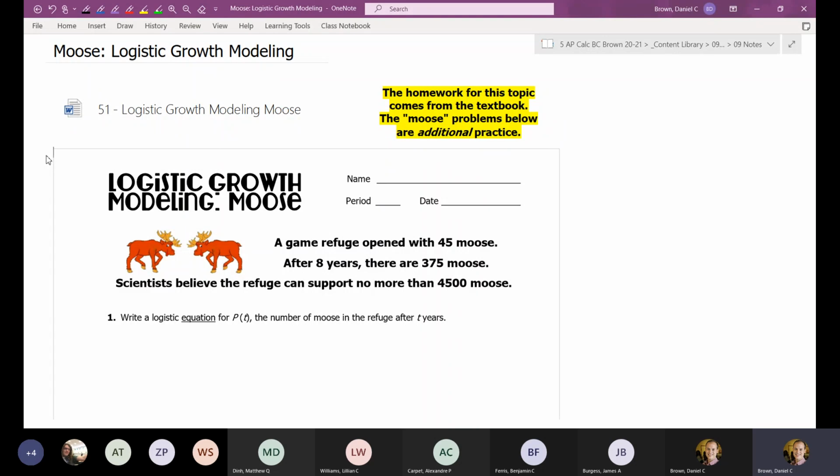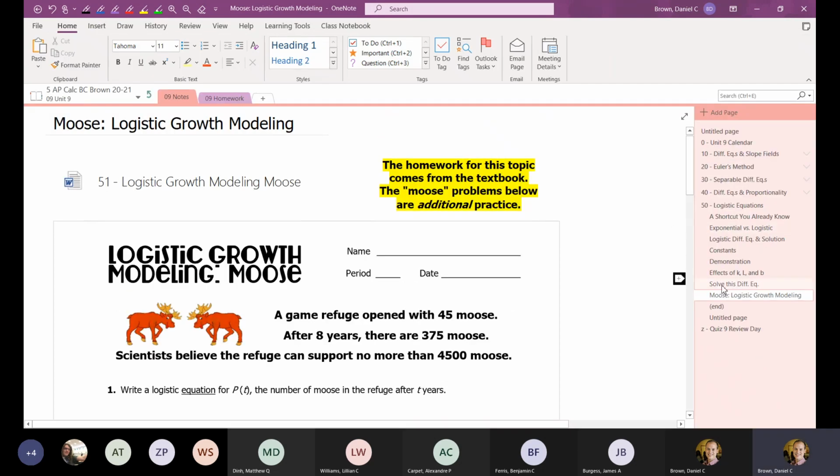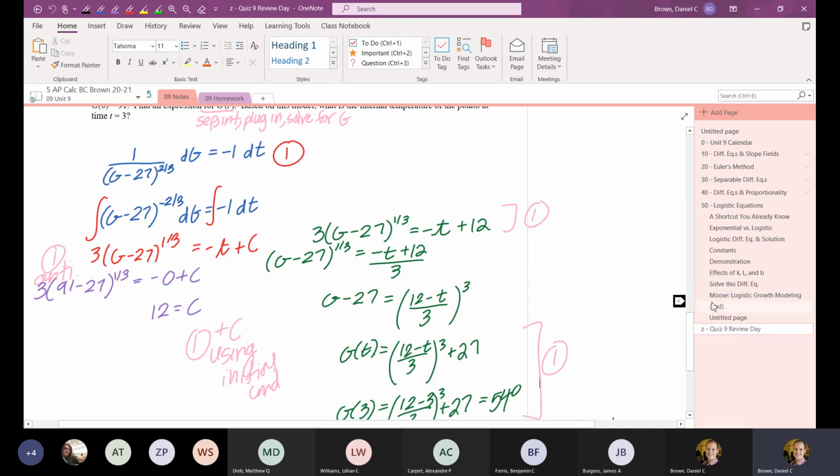It's a good question to look at because it covers everything from tangent lines to Euler's method to logistic growth. If you can do that problem, you're going to be pretty much set for your test on Friday. And the key for it is shared with you in OneNote. I don't have it here, but it should be shared at the bottom of your notes page.